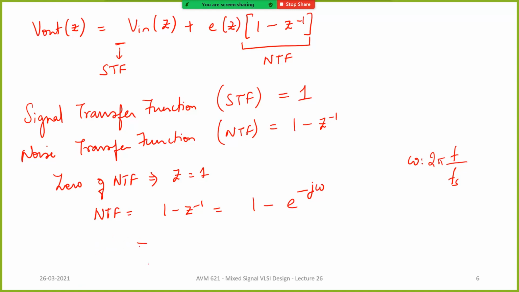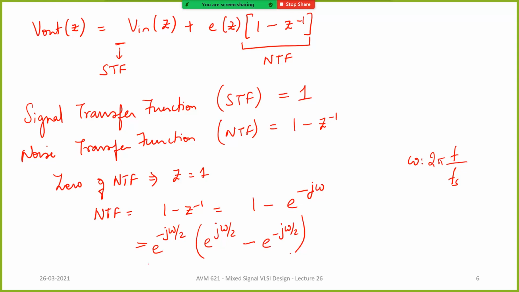One simple way that you would have seen even in DSP textbooks is to take the half angle, e power minus j omega by 2, and say this is e power minus j omega by 2 into e power plus j omega by 2 minus e power minus j omega by 2. Both these forms are equivalent. If you take this e power minus j omega by 2 inside the brackets, you get the same transfer function.